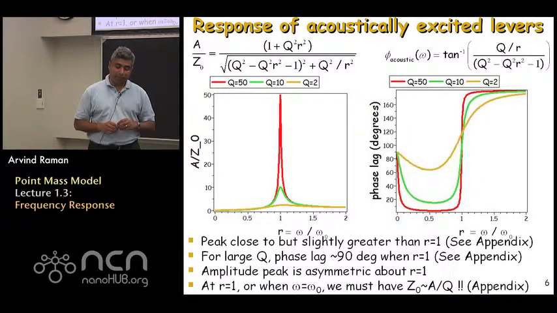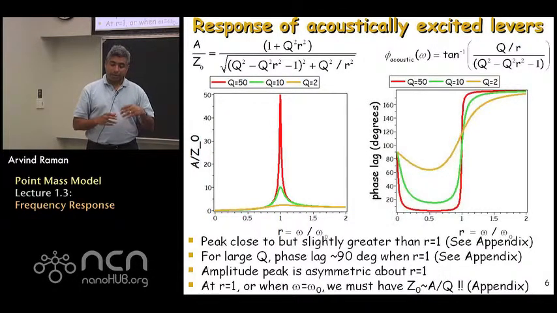And the second important thing you notice from the graph on the left is that if you look at these amplitude ratios, the numbers you get at the peak values are actually very similar to the Qs that we used for the plotting. For example, for the red curve, this amplitude ratio is roughly 50. For the green curve, the amplitude ratio at the peak is roughly 10, and similarly the golden colored curve is roughly 2.